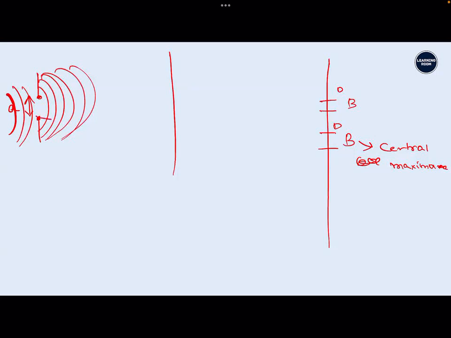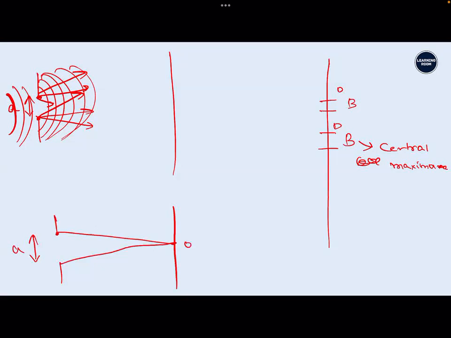When it moves, you can think of drawing multiple rays for it. For the explanation of how the central maxima is formed, I'll take a ray going from the top and hitting the screen and one from the bottom, such that S1O is equal to S2O.